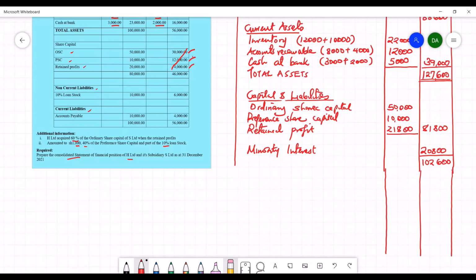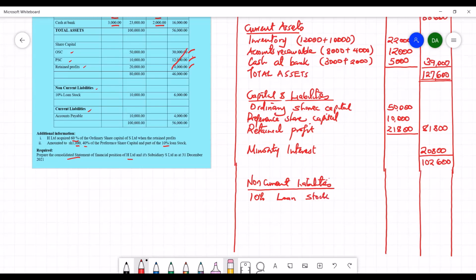Right, to this we are going to add liabilities. So we start with the non-current liabilities. And the non-current liabilities equal 10% loan stock.